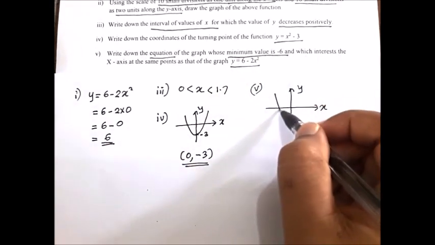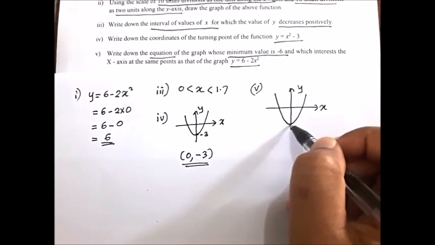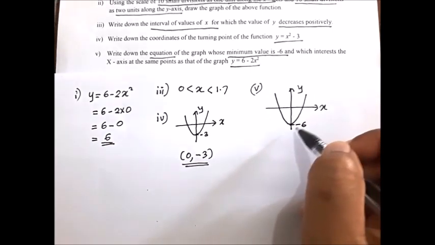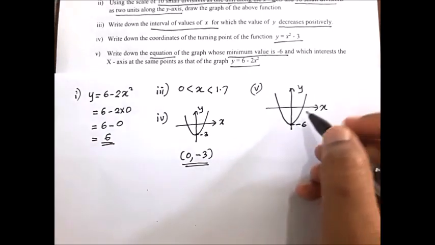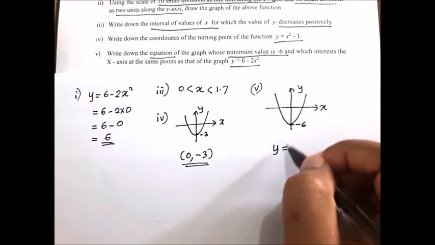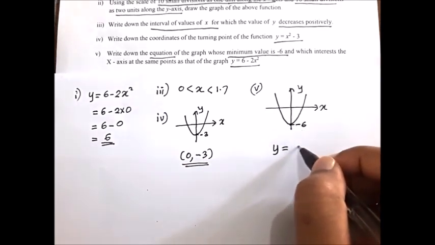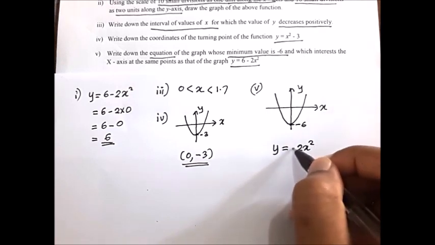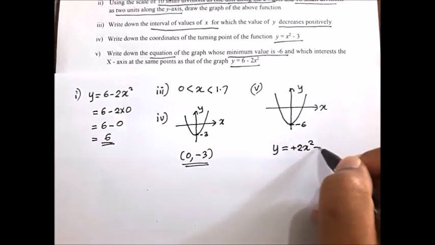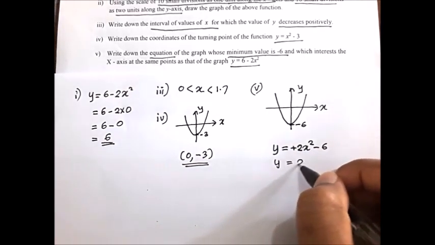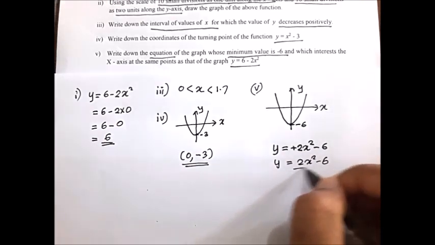Minimum value means here minus 6. Then write the equation of this graph. Since it has a minimum value, the coefficient of x squared is plus. Then minimum value is minus 6. This is the answer for fifth part.